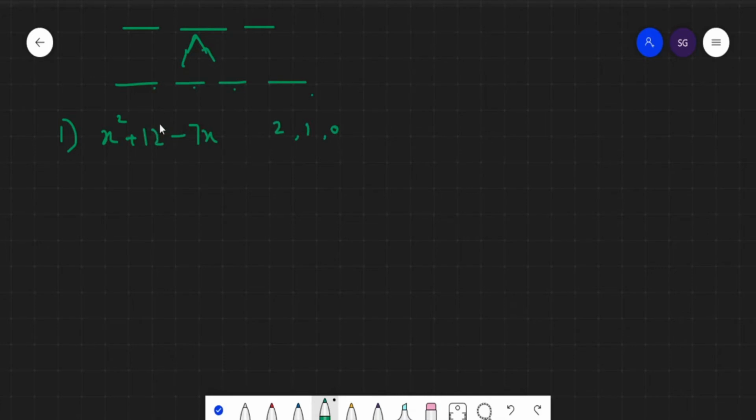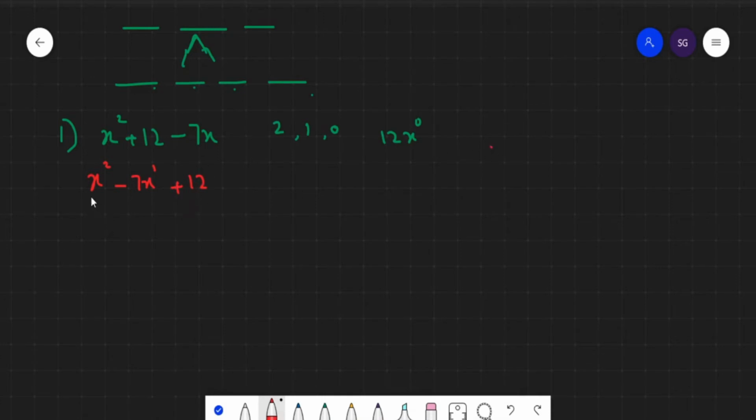Remember, a constant, if it is 12 written, it means it has a variable but with power 0. So 12 means 12 times x to the power 0. So first thing is I rearrange them. So once I rearrange them, x squared stays at the first term. This 7x is now shifted at this place, and this 12 comes at the last place. So now you can see that the powers of x are in descending order, 2, 1, and then 0. 12 means 12 x to the power 0.